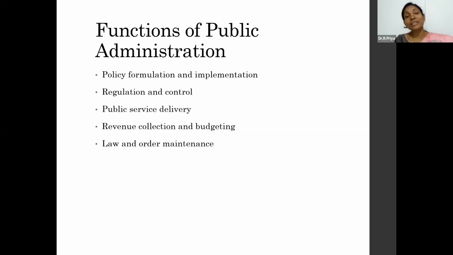In these essential areas, to implement policies, for example, the New Education Policy 2020 was framed by the government, but public administration ensures it is introduced at school and college level, right?